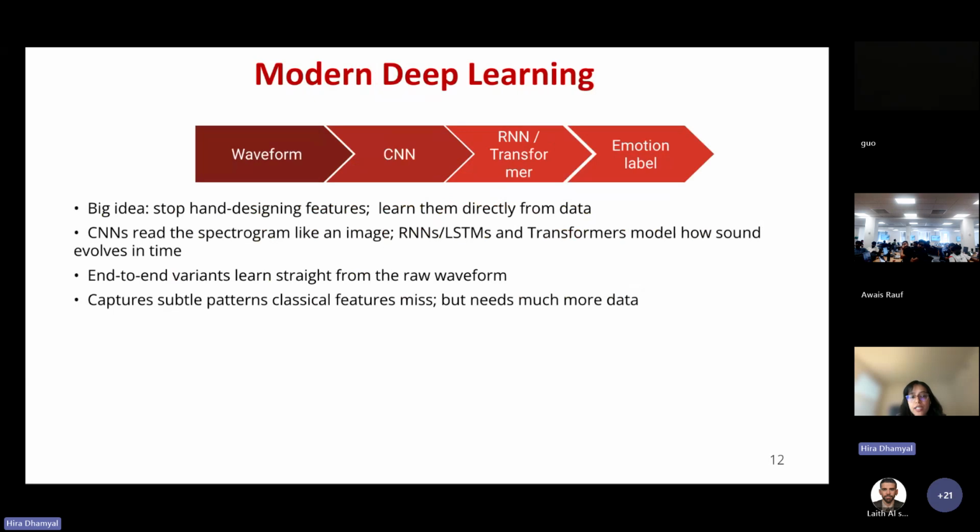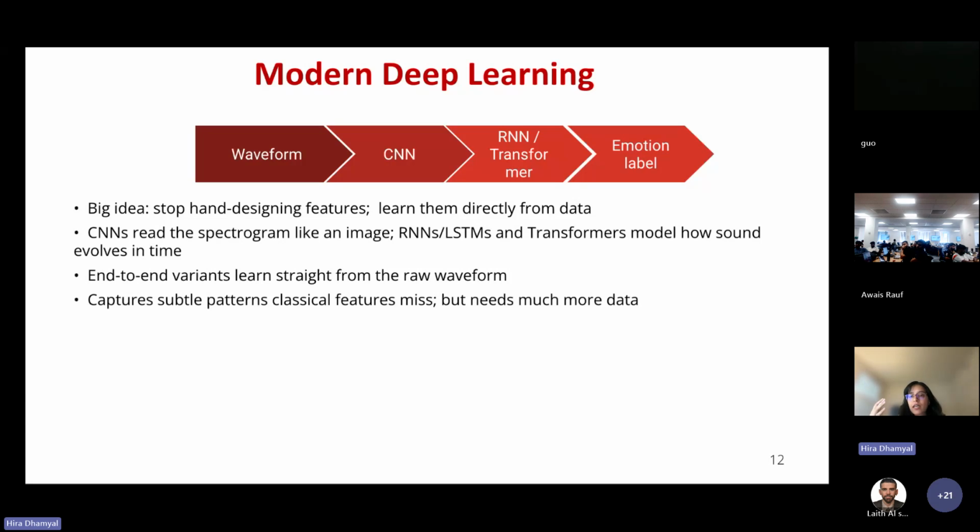In more recent years, instead of telling the model which feature to use, instead of saying okay, we have the waveform, we calculate MFCCs, and then these are what we feed into the neural model, we let the neural model discover the features that are more important for the task. This was somewhat of a revolutionary idea.